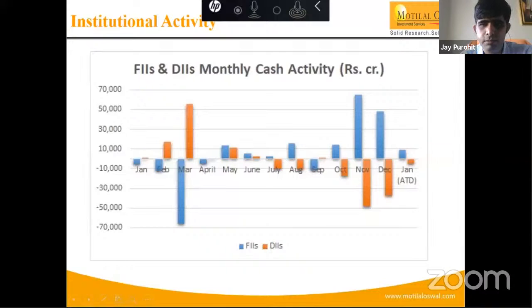In November, that was the highest monthly buying figure in the last 1 decade, and in December also they bought nearly 50,000 crores worth of equity.